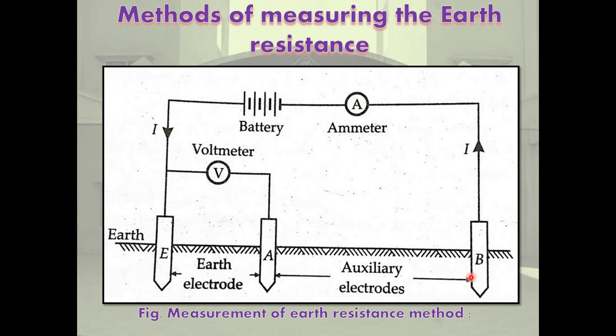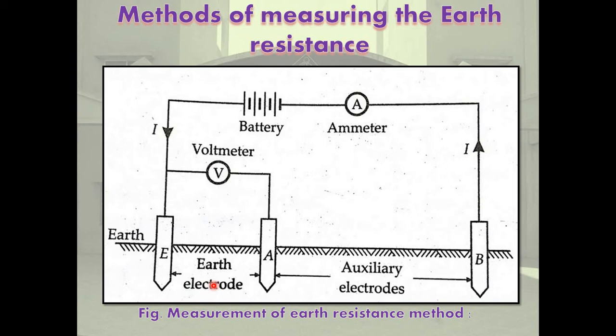In this method, a standard earth resistance tester is used along with the current spike and a voltage spike. The earth resistance tester is portable and has a built-in ohm meter and a hand-driven DC generator. The DC generator supplies current via the earth electrode under test and the current spike.